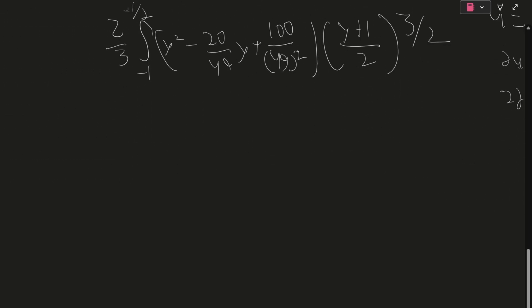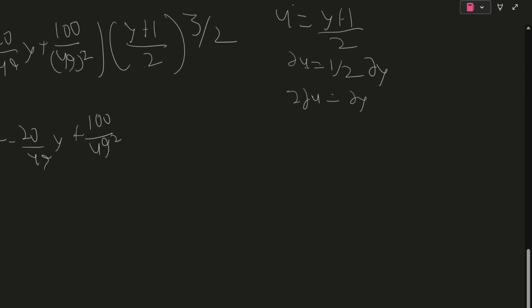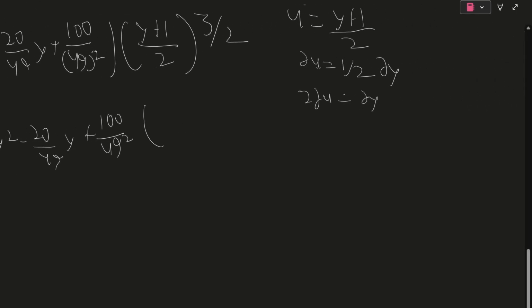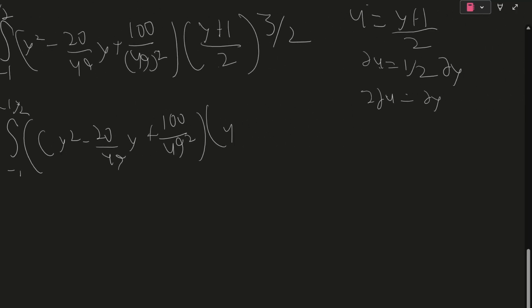And then now we get 4/3 integral from -1 to -1/2 times y squared minus 20 over 49 y plus 100 over 49 squared times u to the 3 halves du.